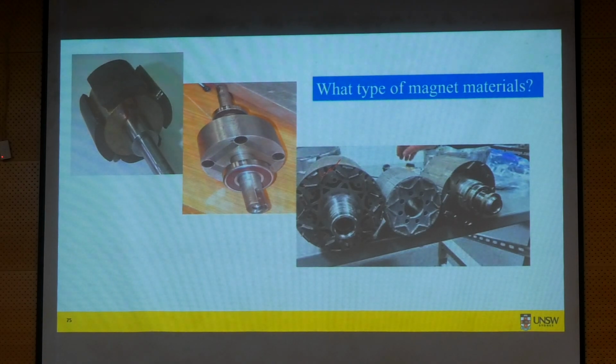Why is the shape like this? This is actually a V-shape magnet, as you can see. It's a V-type magnet, but they are trying to increase the reluctance component of this type of motor. This is called an interior type permanent magnet motor, and for interior type permanent magnet motors we have two torque components. The total torque is the sum of the two: one comes from the magnet and the other comes from the magnet saliency or reluctance difference.